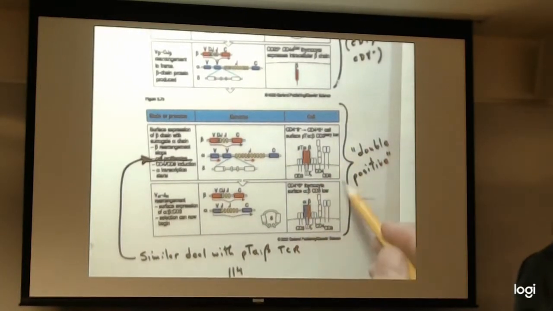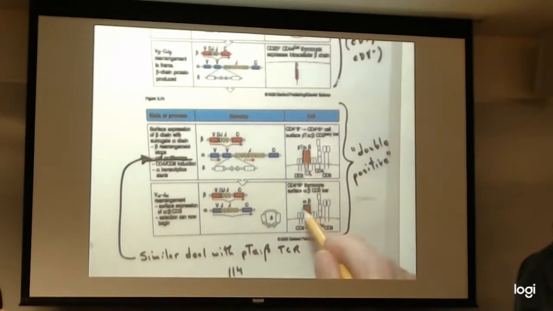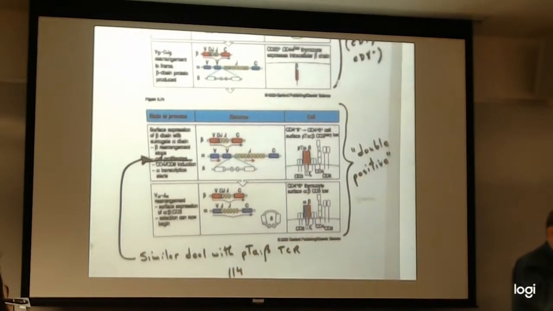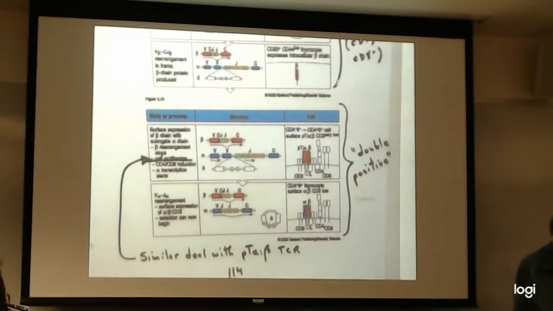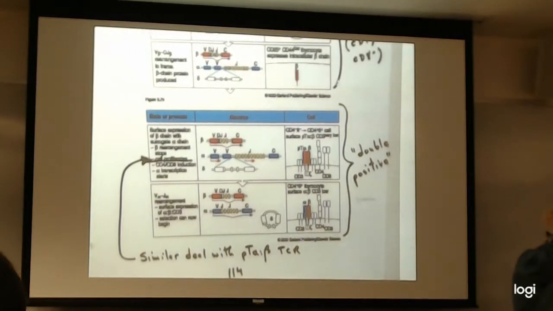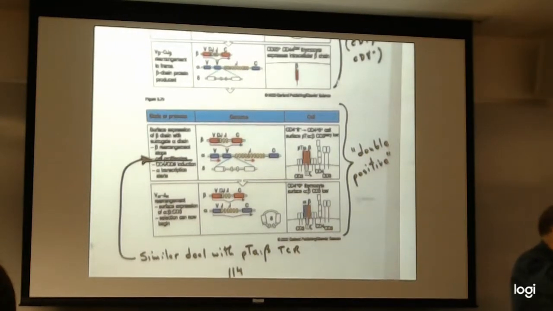Okay, so this is a double positive cell, and this T cell has now made alpha and beta chain proteins. But we've inserted random nucleotides, so the part of the alpha and beta chains that is going to recognize the MHC peptide complex, you have to now see, well, job one is, do they bind the MHC?